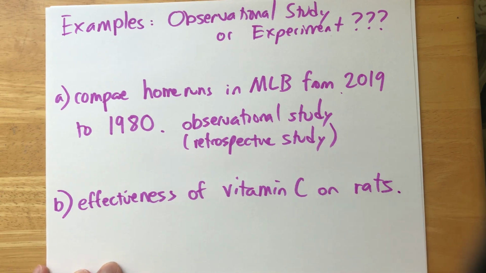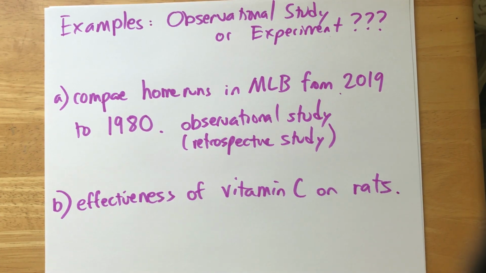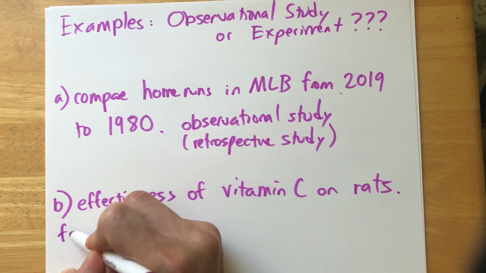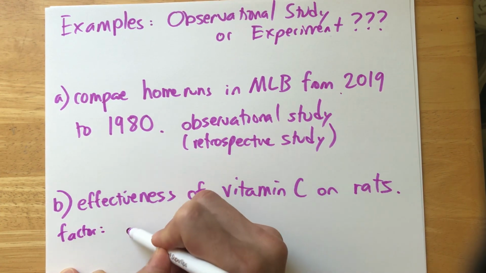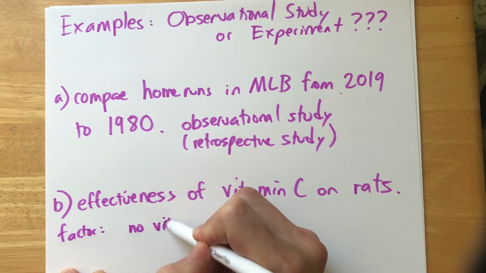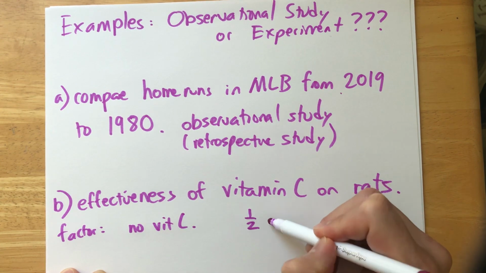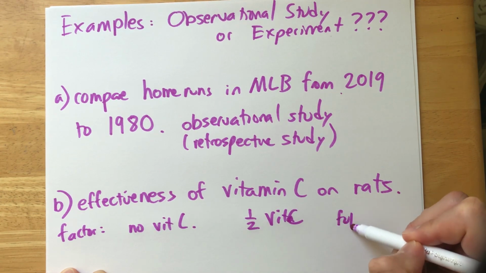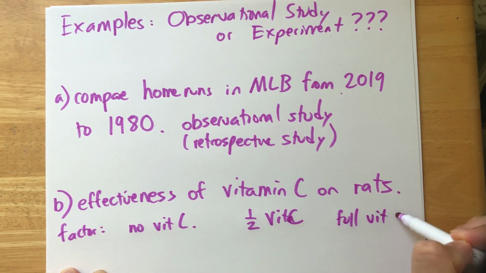I don't know. Okay, so think about how you would run this, right? You would probably have a group of rats and you would split them up, probably into equal groups. We can say you can have a factor of no vitamin C. You can give a group half vitamin C. You can give a group full vitamin C. So a group receives this, a group receives this, a group receives this, okay?